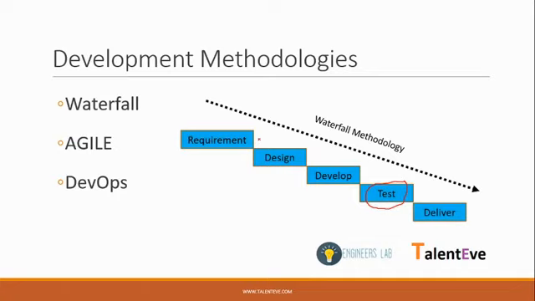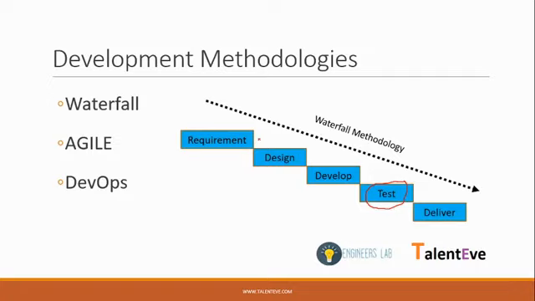Now the second methodology is agile, where speed is the primary criterion, and there is a well-defined framework that is followed by developers worldwide, where they use the agile framework for their projects.